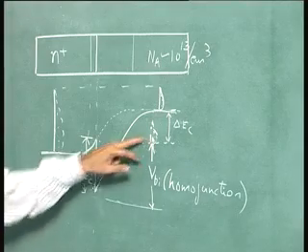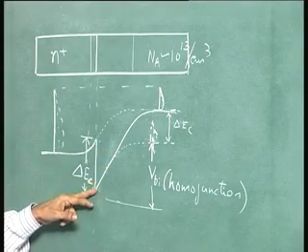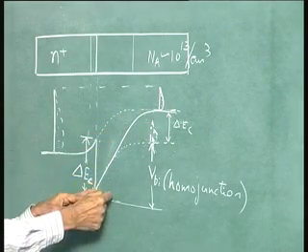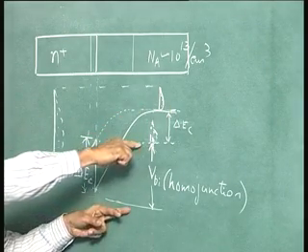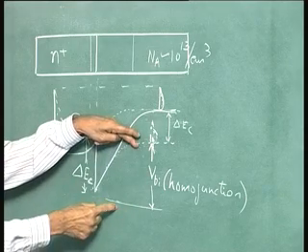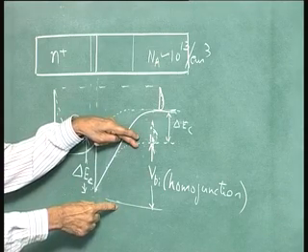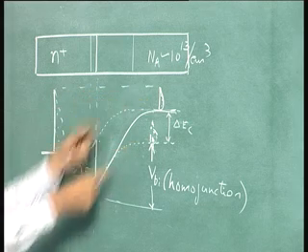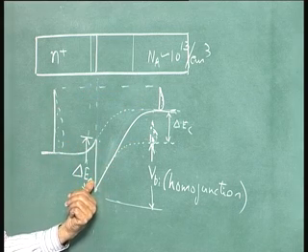If this were the situation, let us say the intrinsic point is here. Now, if it is shifted up by that, the intrinsic point is somewhere here, because of the potential change, this will be an additional potential change which will lead to electron concentration here.